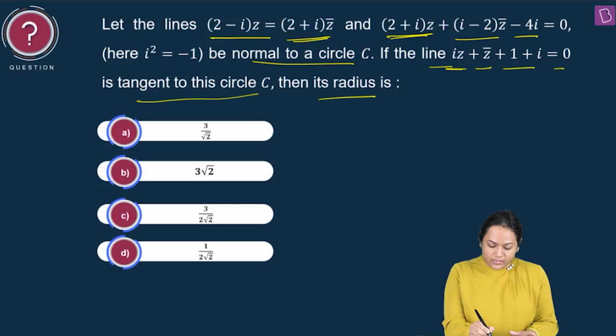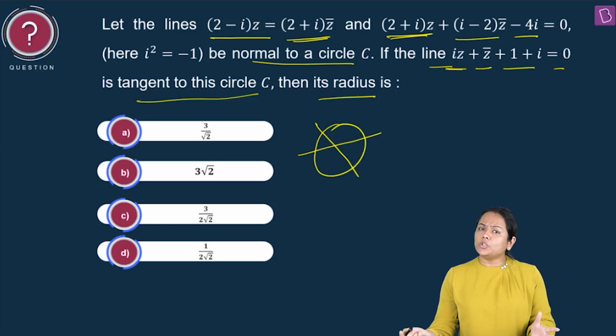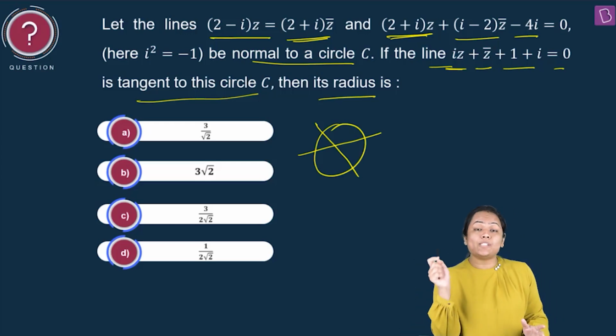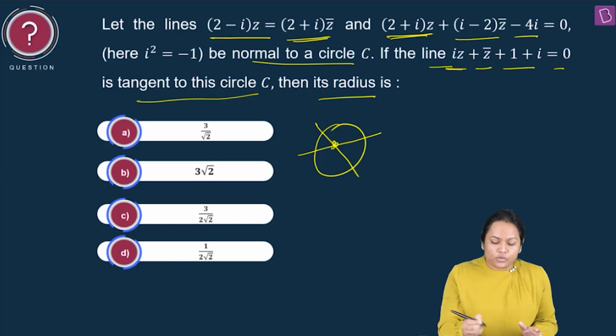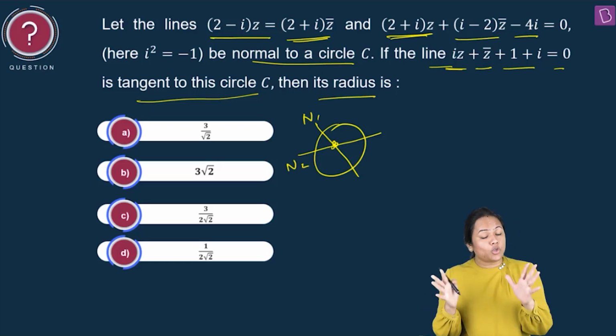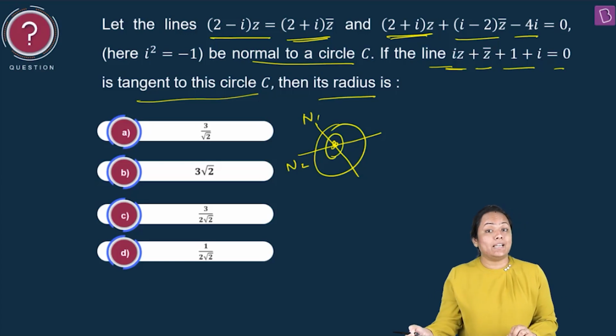Okay, so there is a circle and two normals are given to us. What are the normals? Well, normals are the lines which are diameters definitely passing through center. So if I get equation of these two normals, let's say they have given this in complex form, if I solve these two equations, I'll definitely get the center.